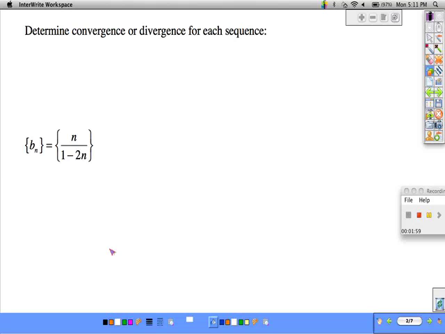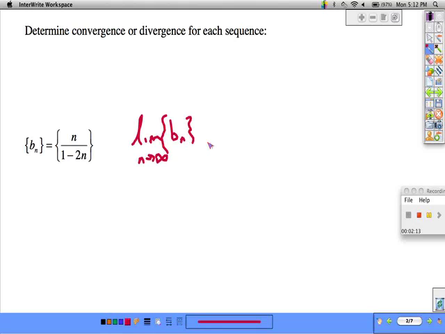Looking at the second one, here we want to look at the limit of b sub n as n goes to infinity. In other words, what is the limit as n goes to infinity of n over 1 minus 2n? That's the rule for our sequence. And we've dealt with things like this before.